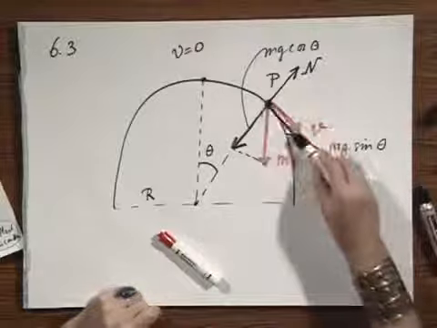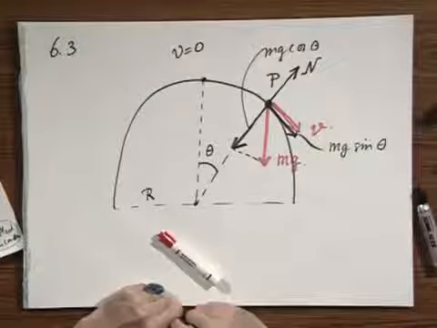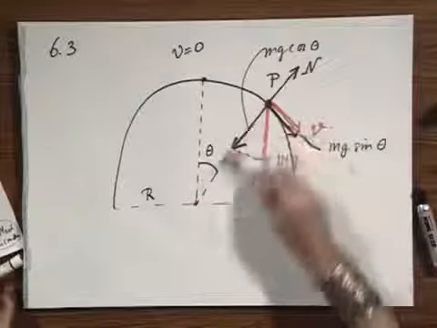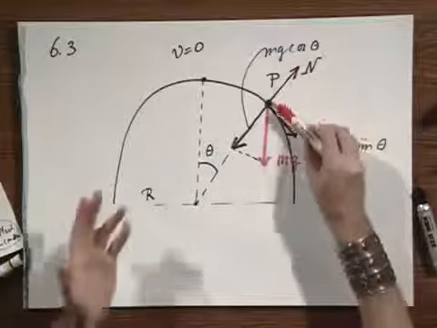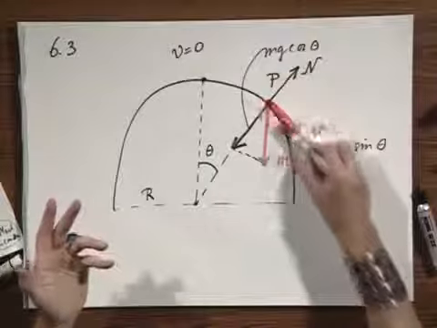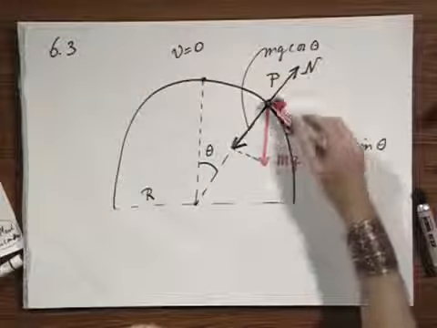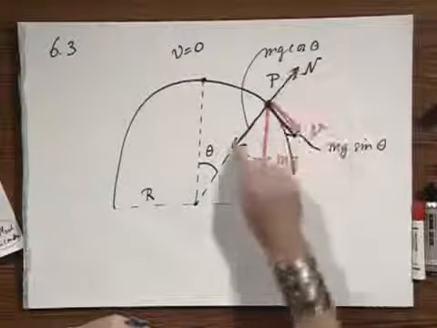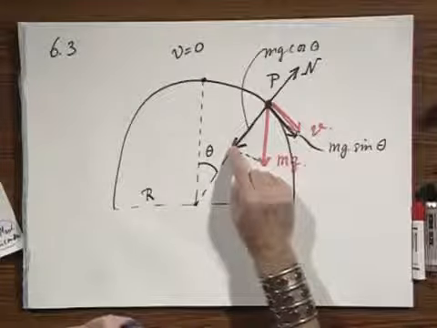And this is due to gravity. Now, in the radial direction, the reason why there can only be a normal force from the igloo is there's no friction here.